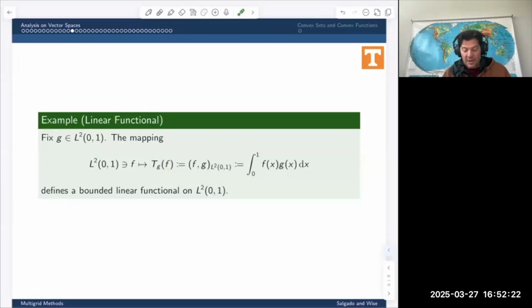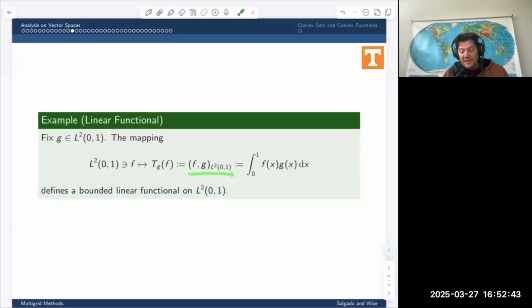In other words, we're going to create a functional L. Once we fix g, the functional is just going to be the L2 inner product of f against g. So we're putting f in as our input, and g is fixed.